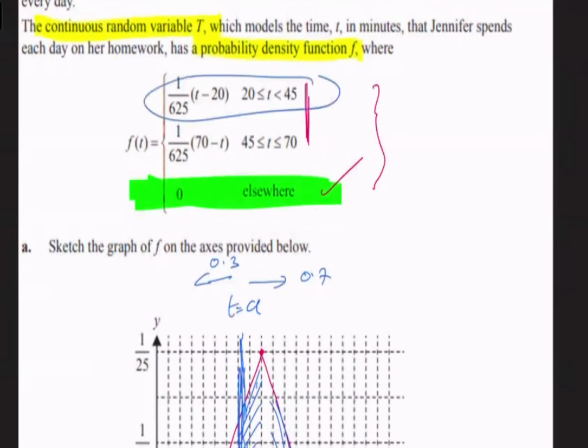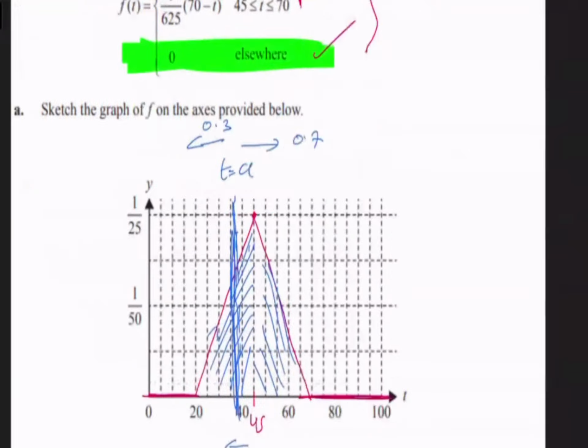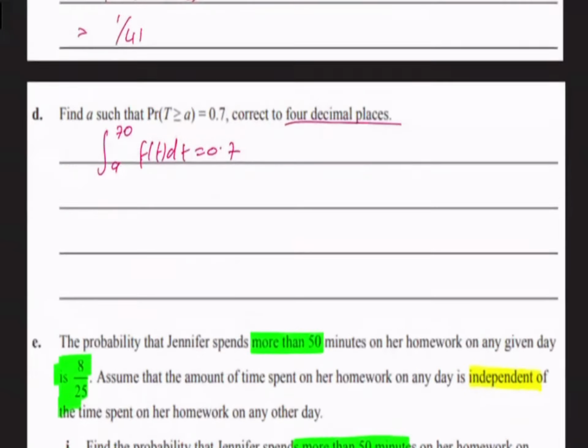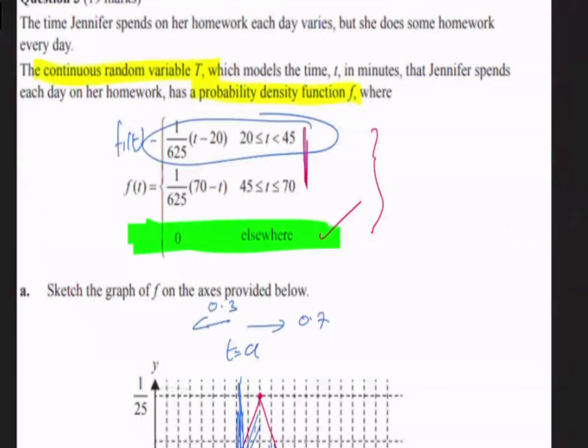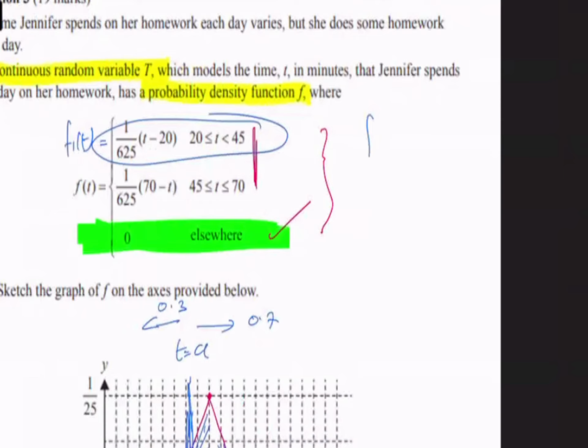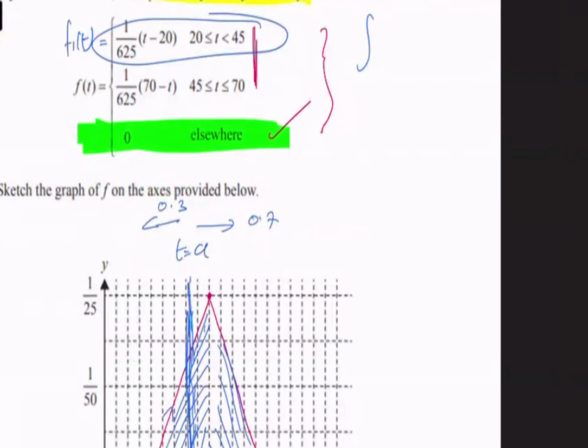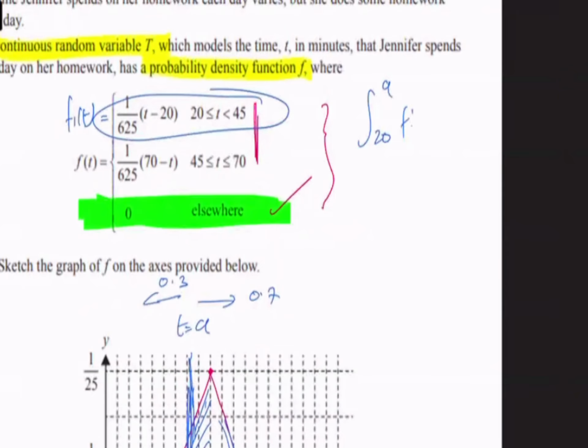By doing this, you no longer have to deal with the hybrid function, and you can just deal with that. So for this, you would just integrate this top part. I'll call it f1t equals this. So you would just integrate from A to 20, f1t dt equals 0.7, and just solve for A, and you get 39.3649.